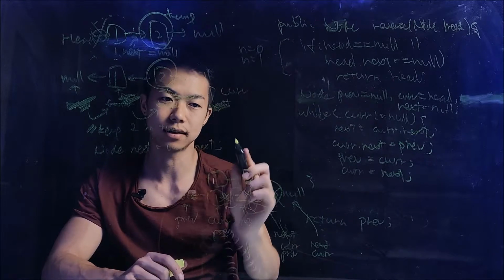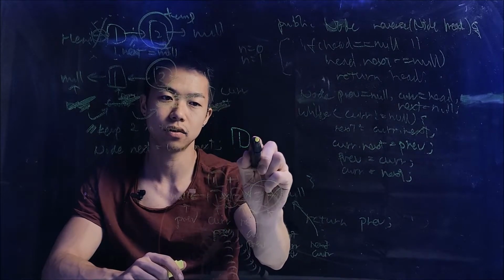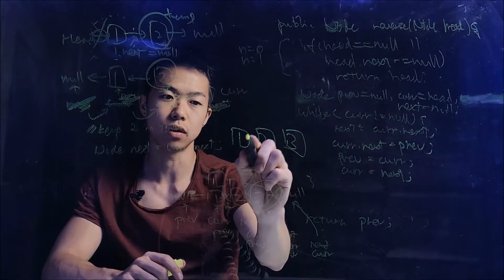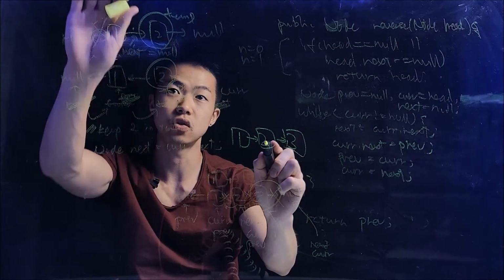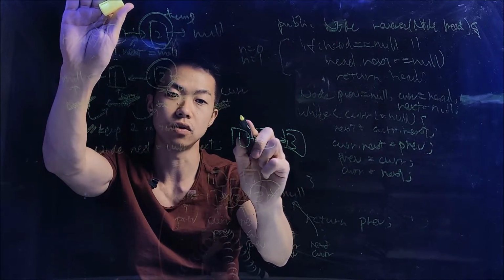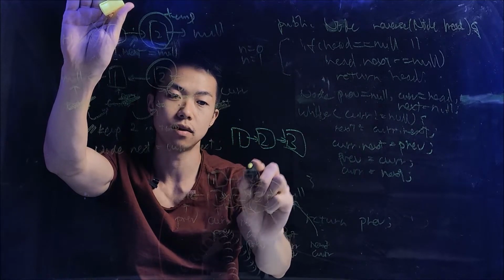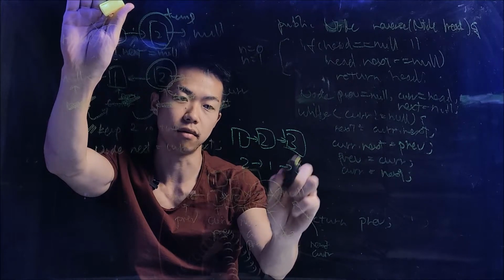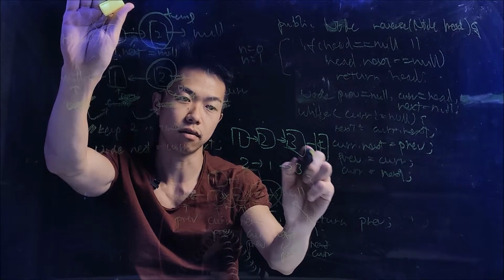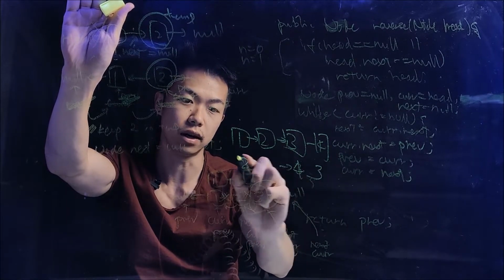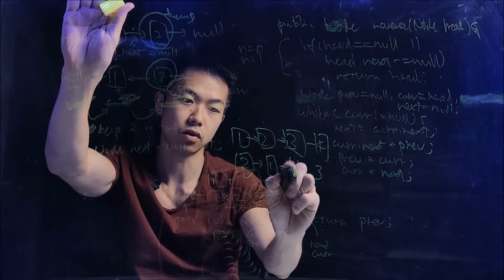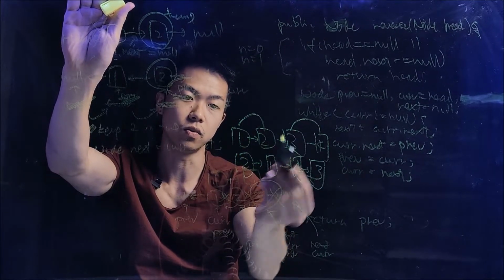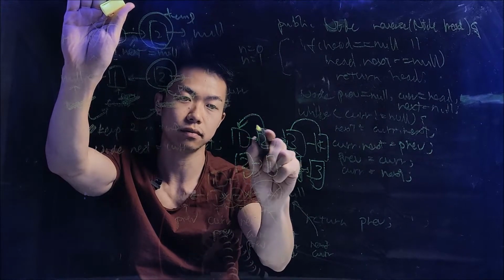So what we're gonna do next is 1, 2, 3, and if we were to reverse every two nodes, 1, 2, we want to reverse it like 2, 1, 3. If we add 3, 4, then it's going to be 4, 3. 2, 1, 4, 3. So every two nodes we are swapping.